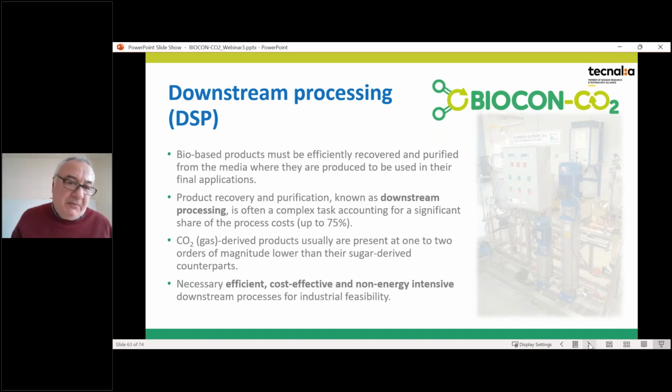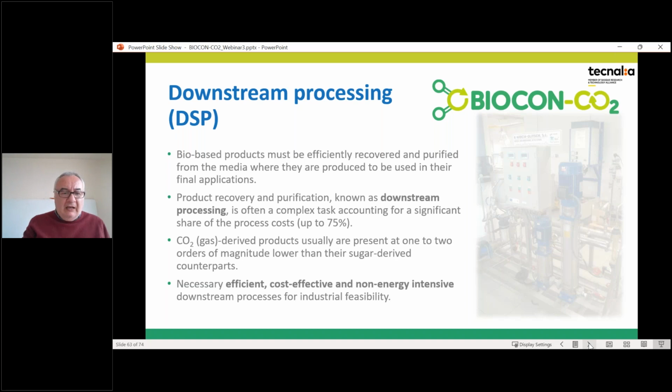This is also of special relevance for CO2 gas-derived products that usually are present at 1 to 2 orders of magnitude lower than, for example, their sugar-derived counterparts. Therefore, the development of efficient and cost-effective downstream processes is a mandatory need for industrial feasibility, and accordingly, efficient and non-energy intensive downstream technologies are preferred.